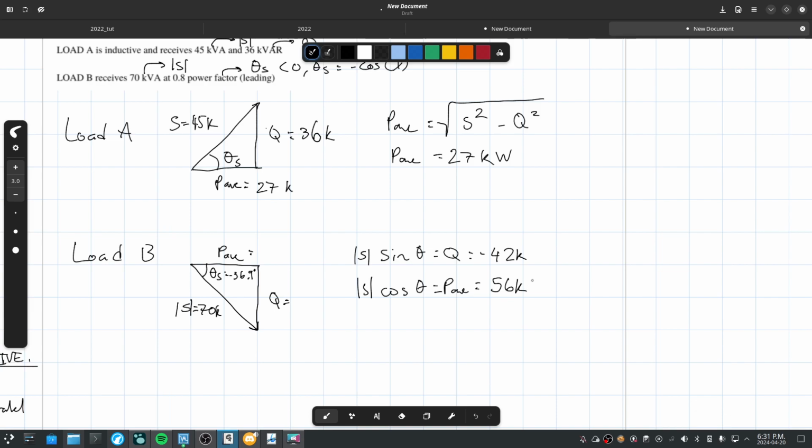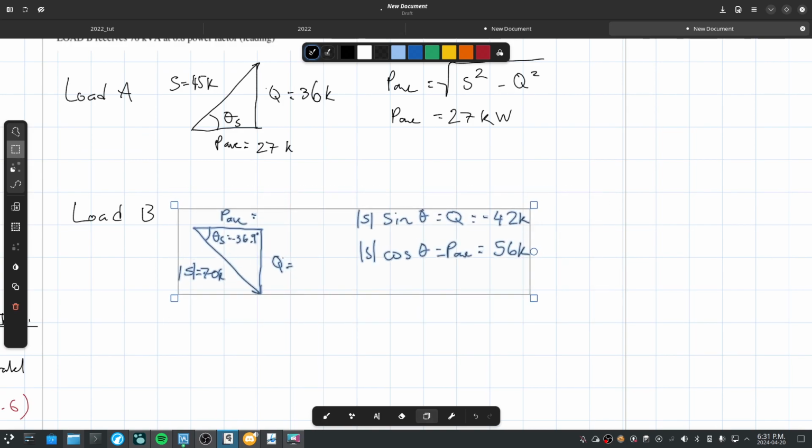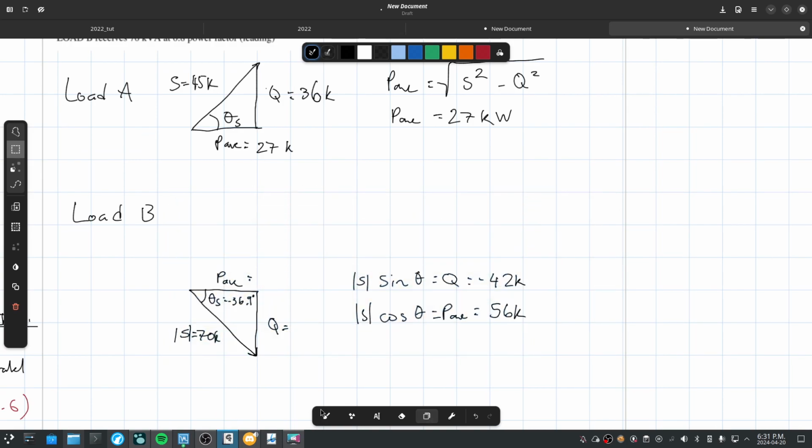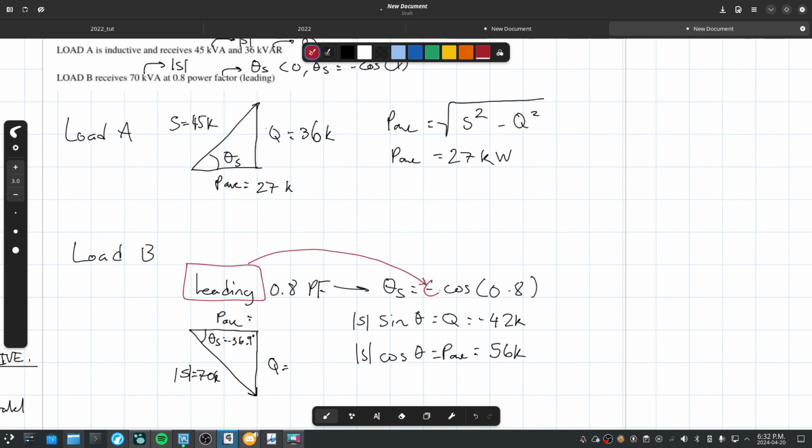Wait, sorry, how did you get the angle again? Yeah, no problem. I probably should have written that down. Let me move this down a bit. So we're told leading, 0.8 power factor. This translates into theta S being negative cosine inverse of 0.8. This leading here is negative.